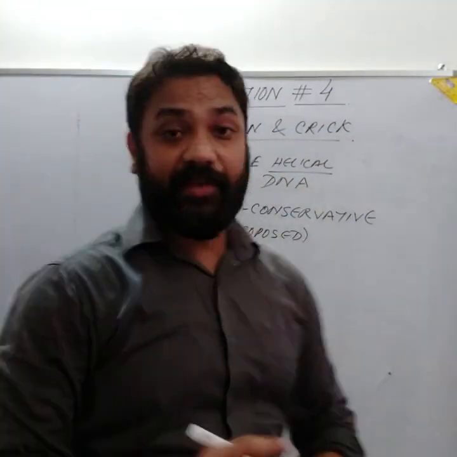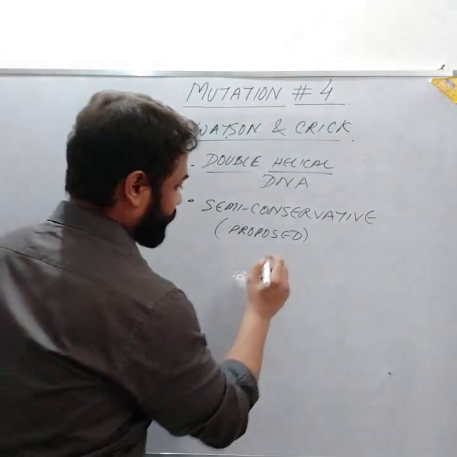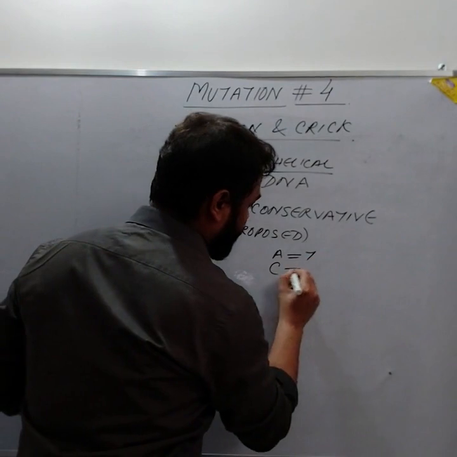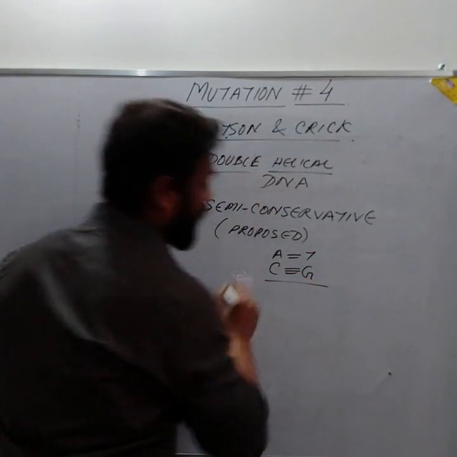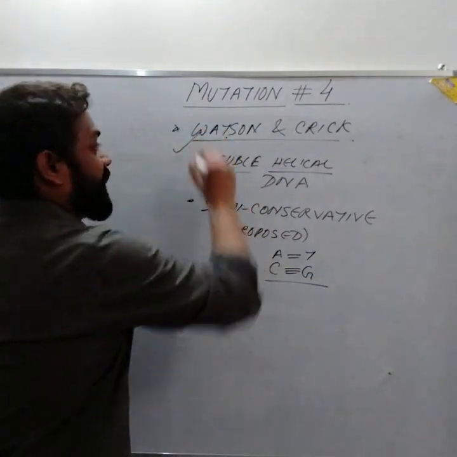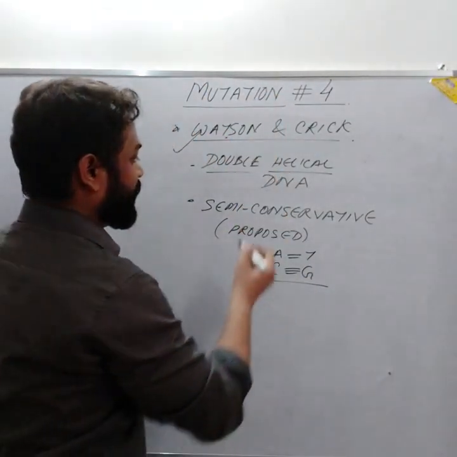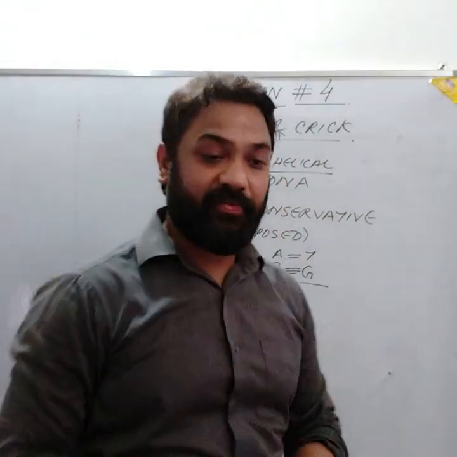On what basis did they propose it? It was on the basis of base pairing, that adenine pairs with thymine and cytosine pairs with guanine. So Watson and Crick described the helical structure of DNA, and they also proposed the semi-conservative mode of replication of DNA.